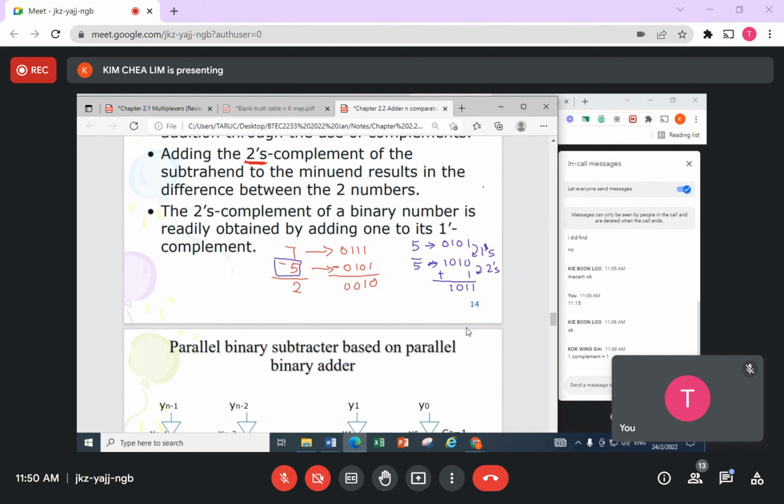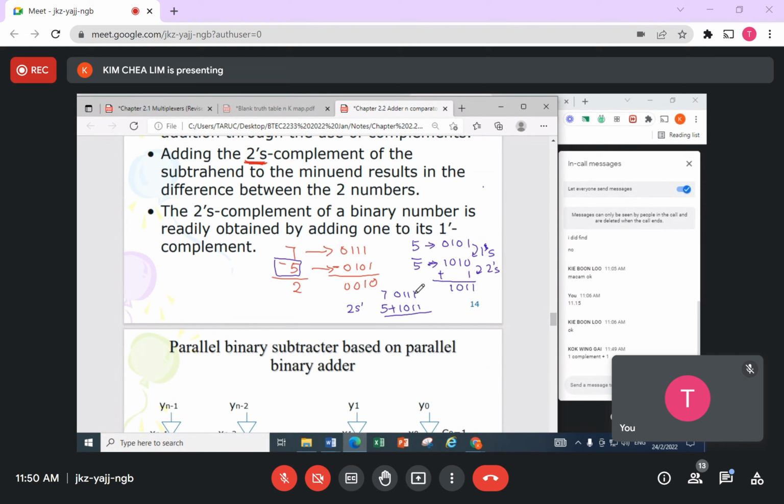Now, I take this 1011, and 7 is 0111. I take the 2's complement of my 5, which is 1011, and I sum them together.